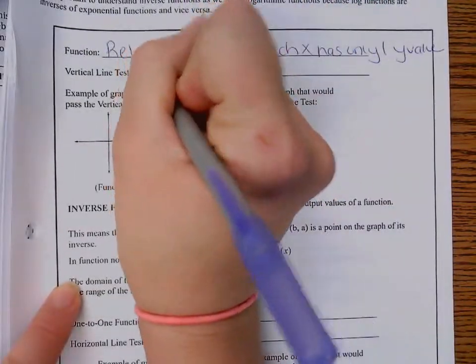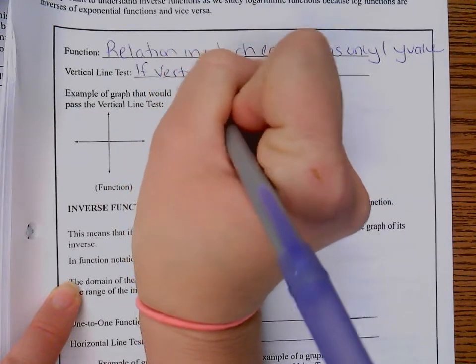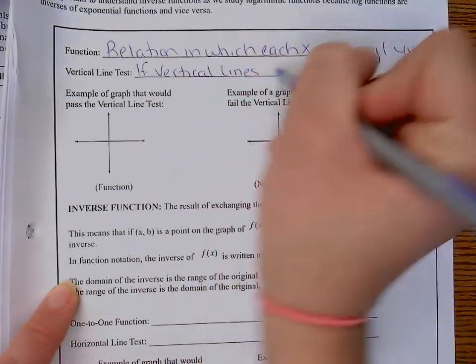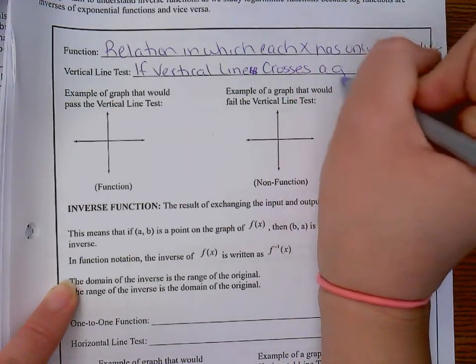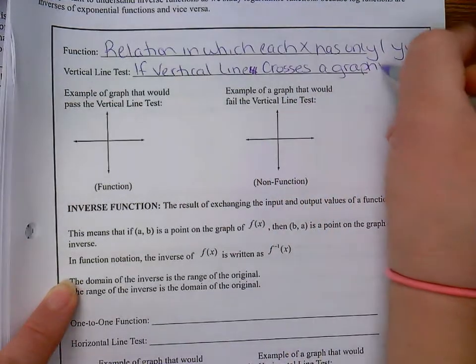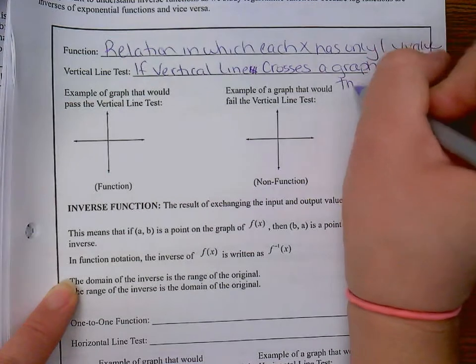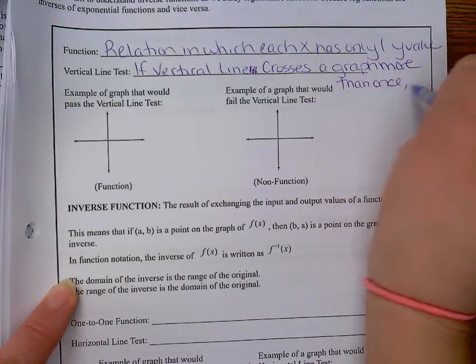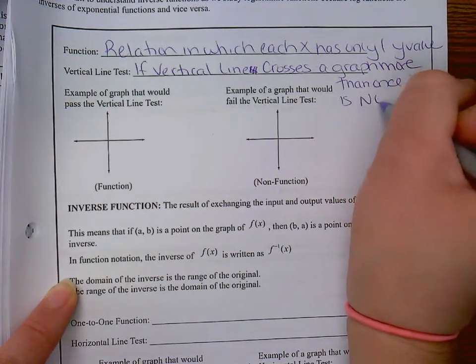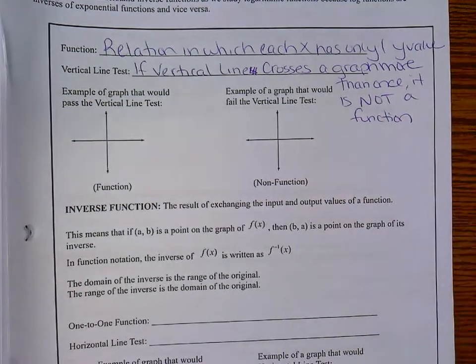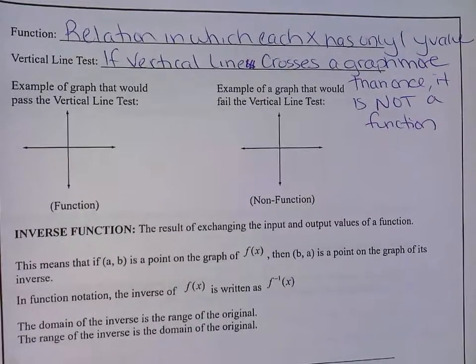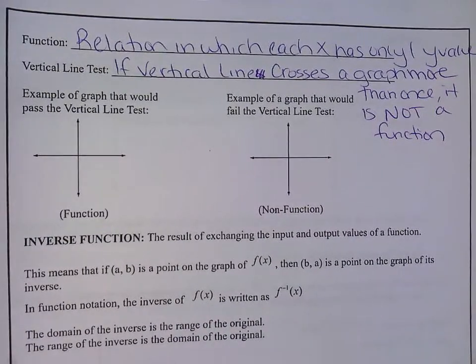So if a vertical line crosses a graph twice, or I should say more than once, it is not a function. It fails the vertical line test. So if a vertical line crosses a graph more than once, it is not a function.